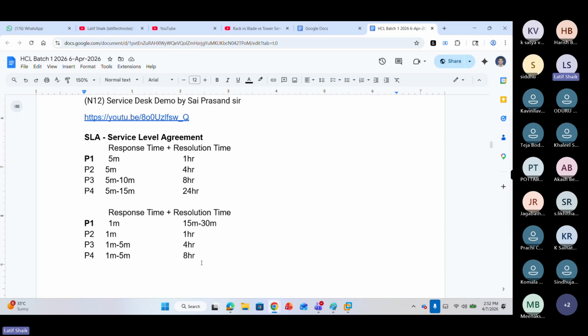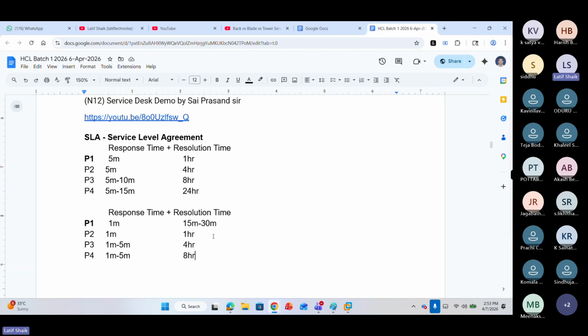Because their business is that serious. Every hour, a certain loss is calculated for their business if their service is down or unavailable to their customers. That's why the response and resolution times differ depending on the organization and on the particular project or service.